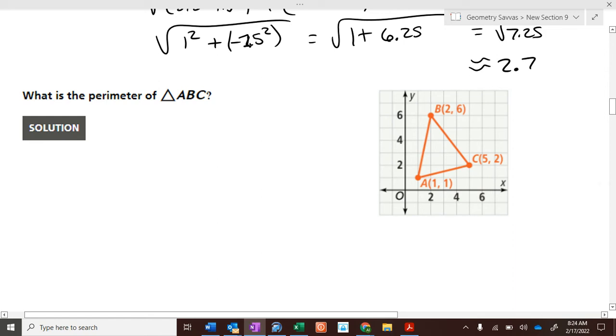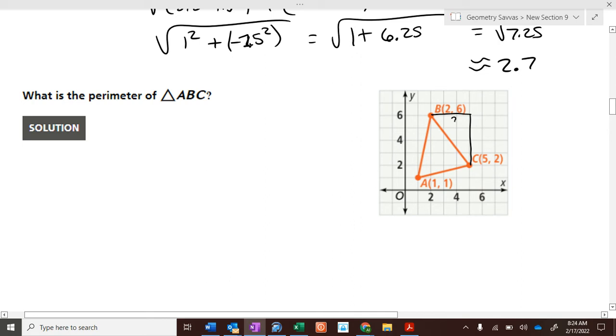Okay. All right. So if we want to find the perimeter, it's a right triangle here. So what is the difference between 2 and 5? 3. So we go over 3. What's the difference between 6 and 2? 4.